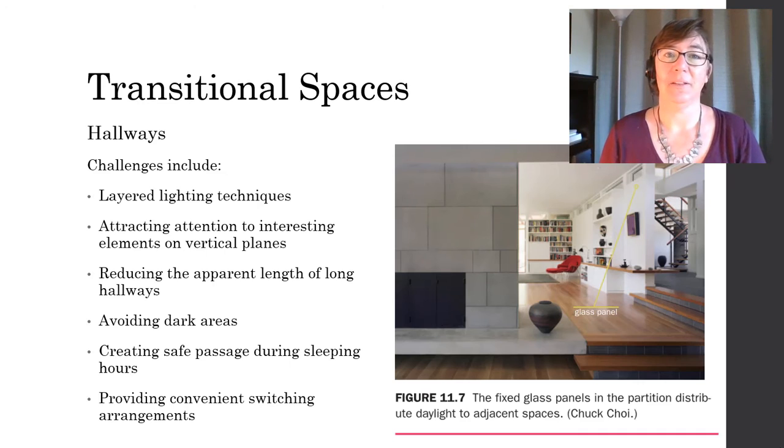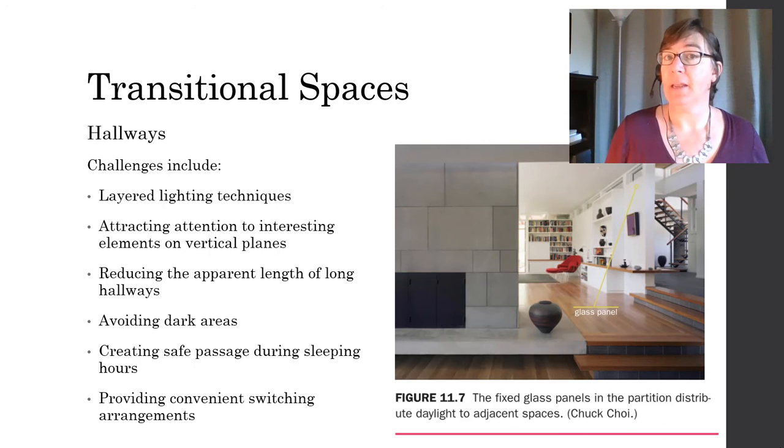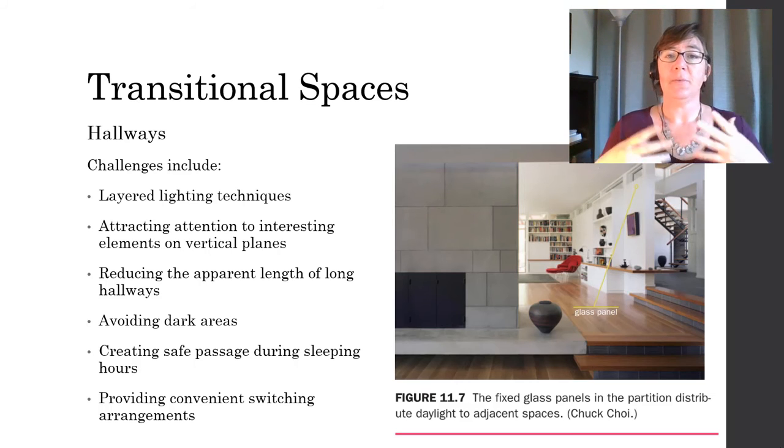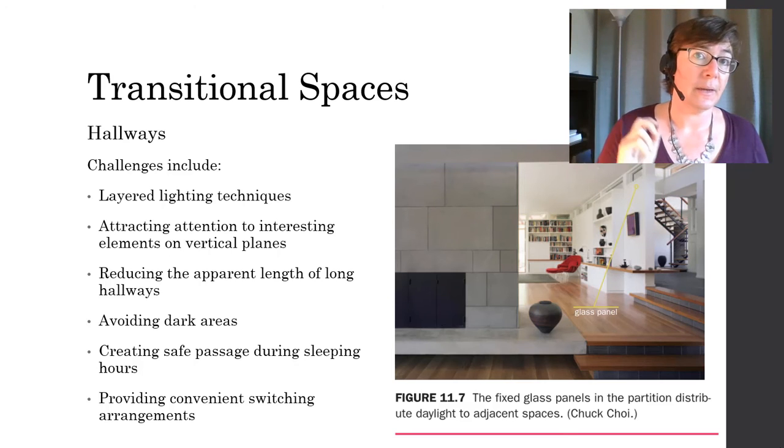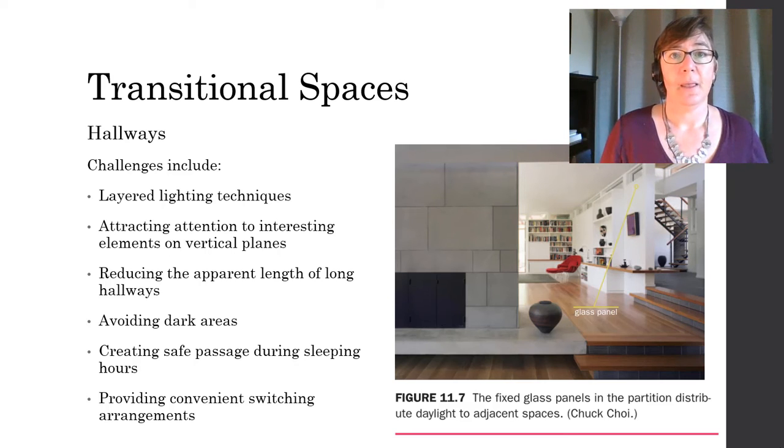The next transitional space that we want to consider are hallways. Hallways are tricky to light. It's challenging to include layered lighting in hallways. And sometimes you can get patches of dark areas. So that's important. You need to consider even lighting.